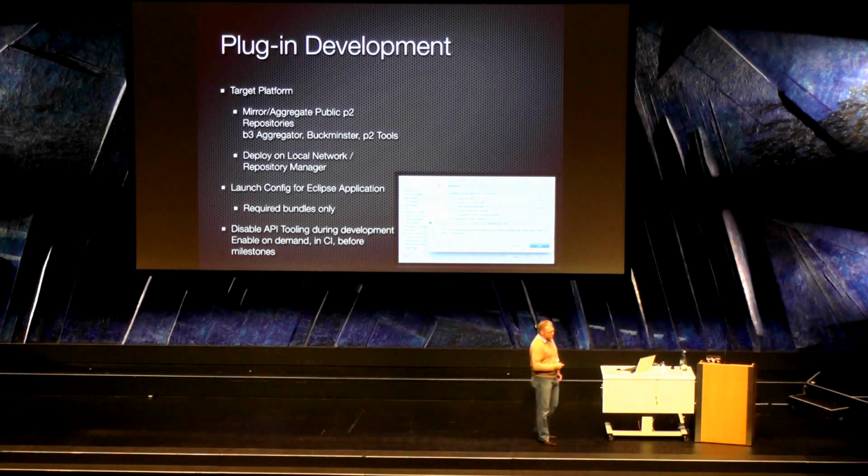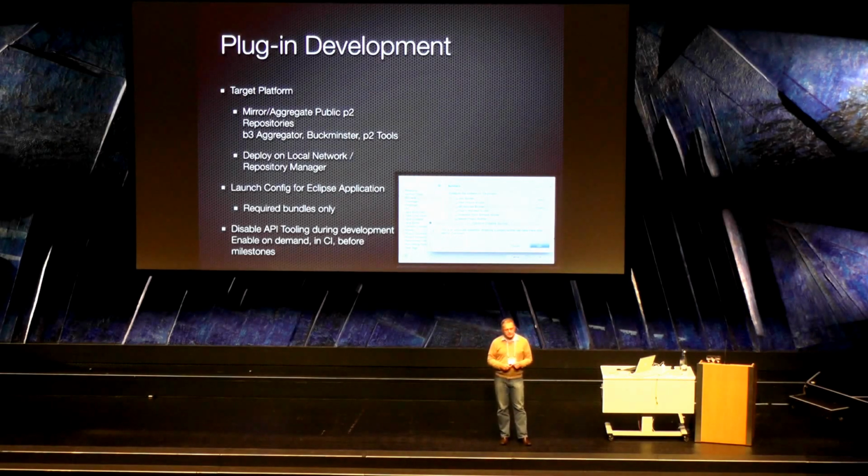What you can do here is to create a single repository and host that in your local network. There's cool tooling from Buckminster, that's the B3 aggregator. There you can specify, I want to collect this and that, and you can set up a CI job on your Jenkins and just create this update site for you, and then you consume the target platform from there. And also, this gives you more control over what you're actually consuming, since it only changes when you retrigger the build.